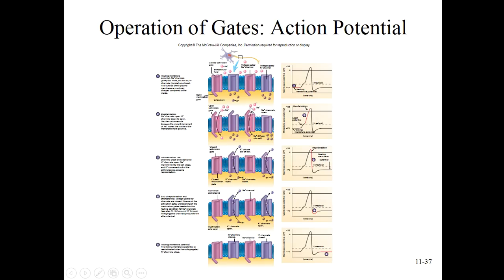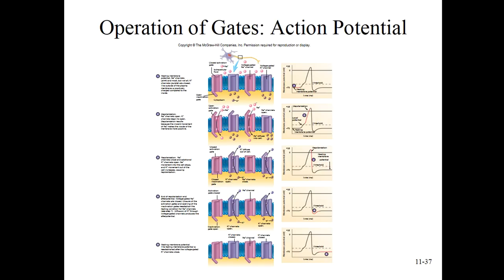In the event that we can open some of these doors, we'll allow a little bit of sodium to leak in. And if we get enough of it leaking in, we'll reach this dotted line called threshold. Threshold's at negative 55, and that's a very special number. The reason is most of these voltage-gated sodium channels are designed to open at negative 55.